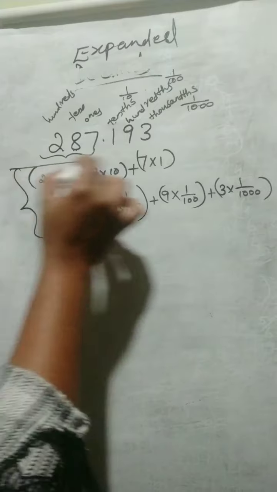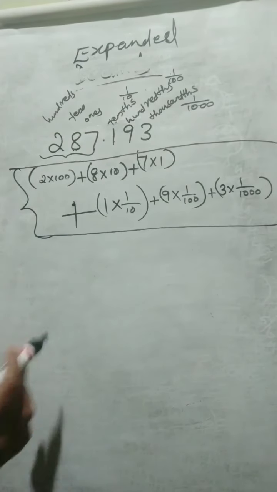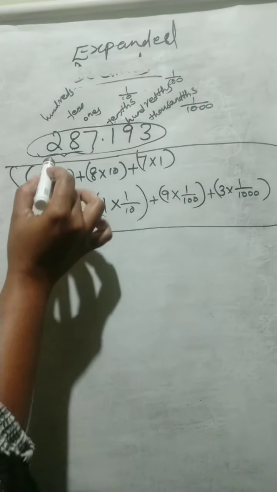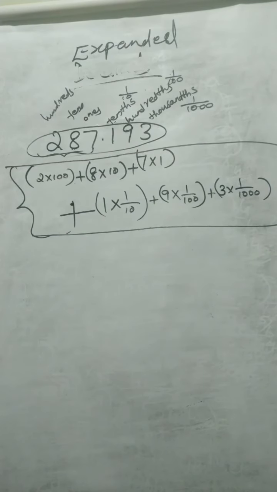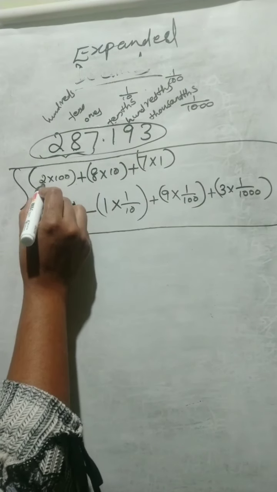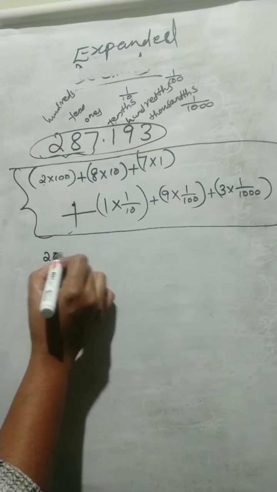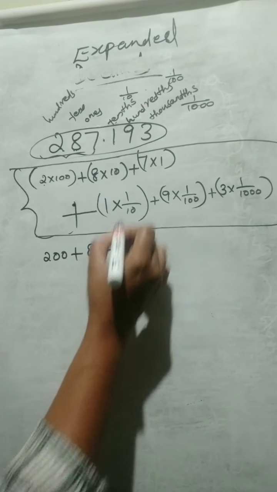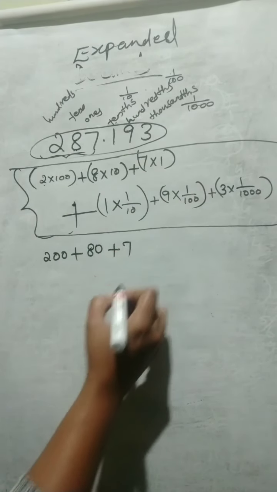287.193. How can we convert this into standard form? The form 287.193 is known as the standard form, and this type of form is known as the expanded form. Here we know first 2 times 100 is 200, plus 8 times 10 is 80, plus 7 times 1 is 7.